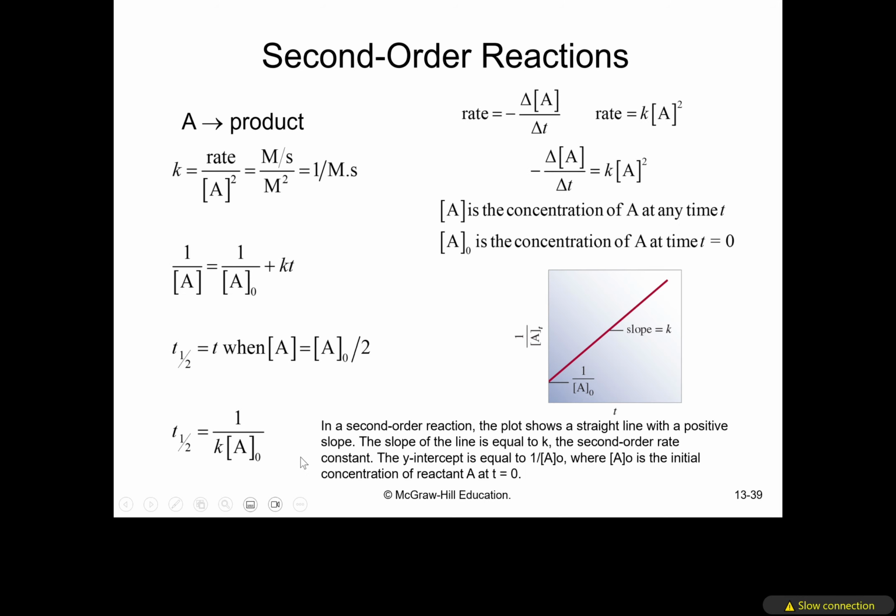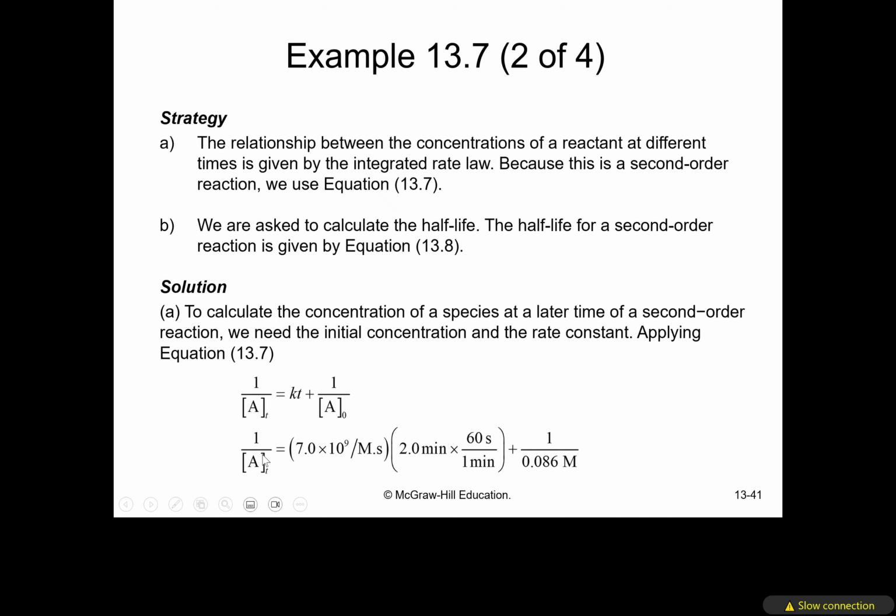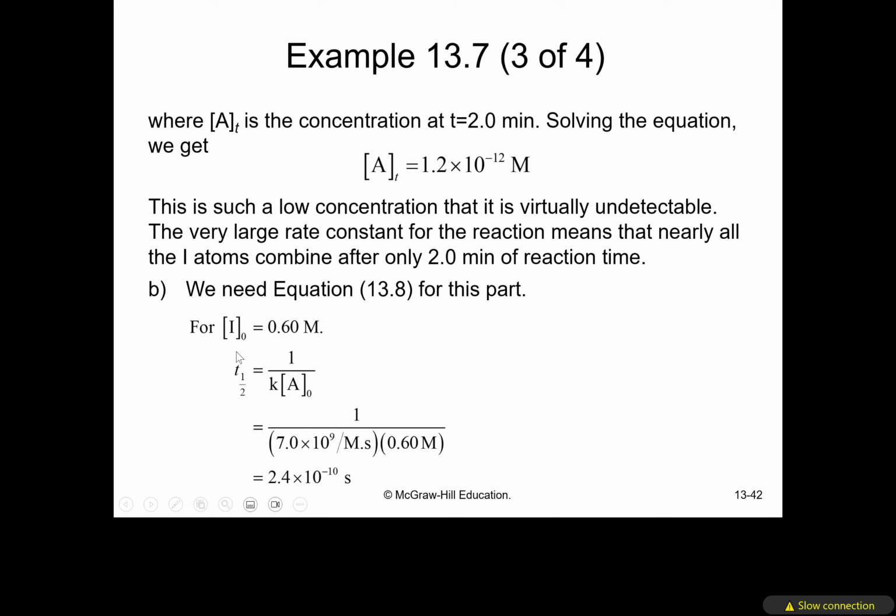We're going to go back to this equation here, right? For half-life, T sub half is equal to 1 over K times the concentration of A sub 0. So we will plug in everything.